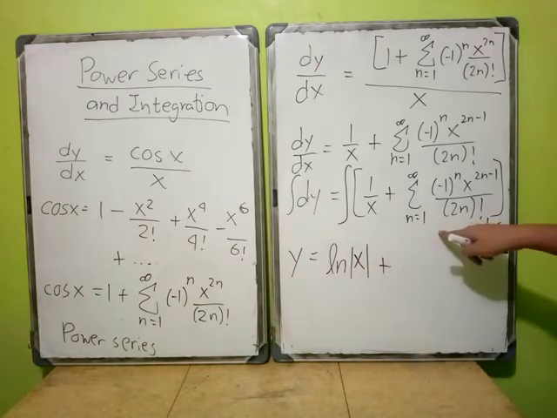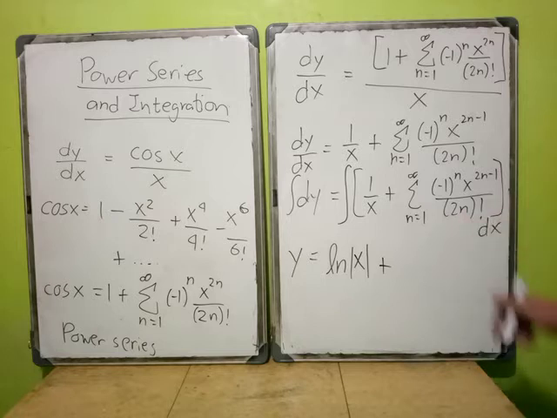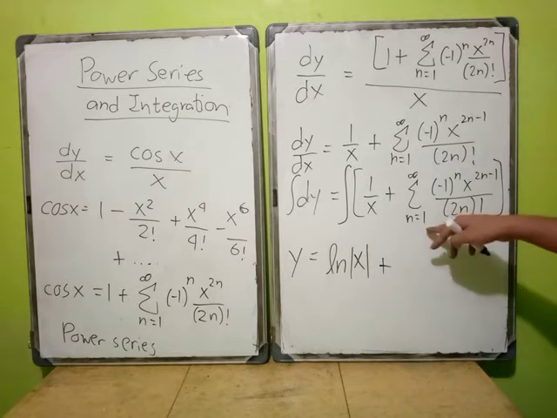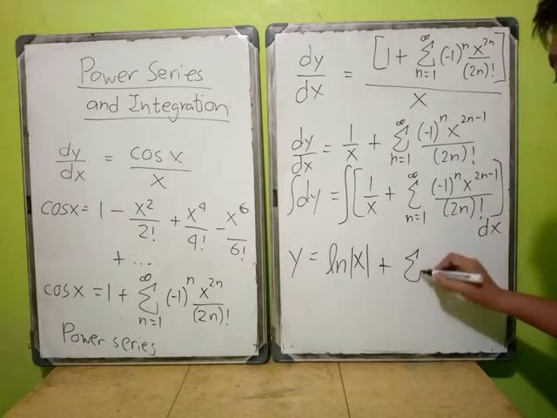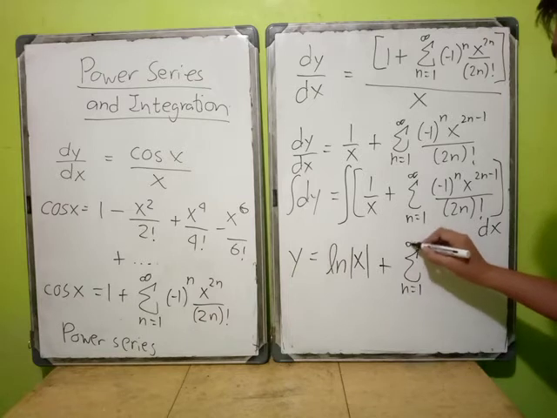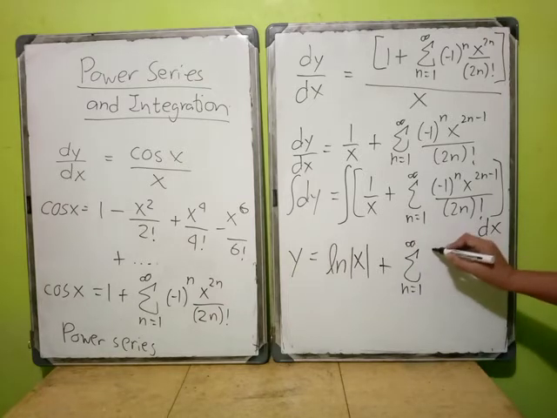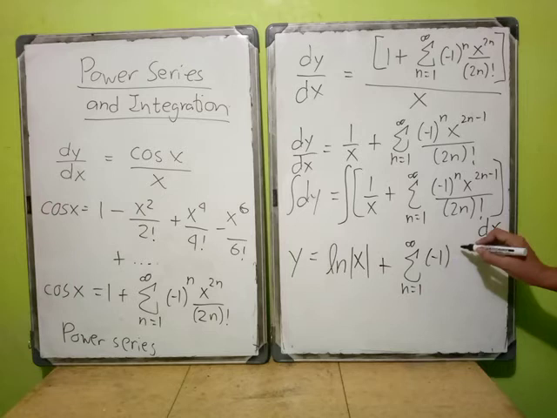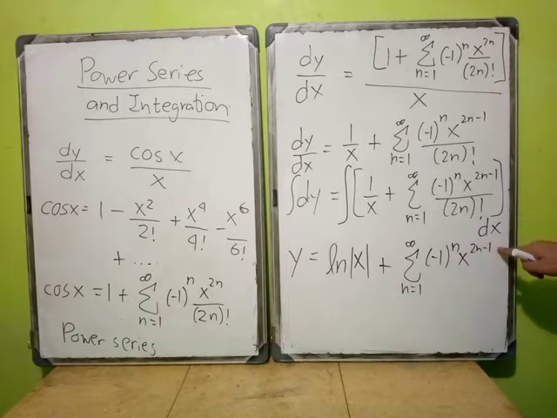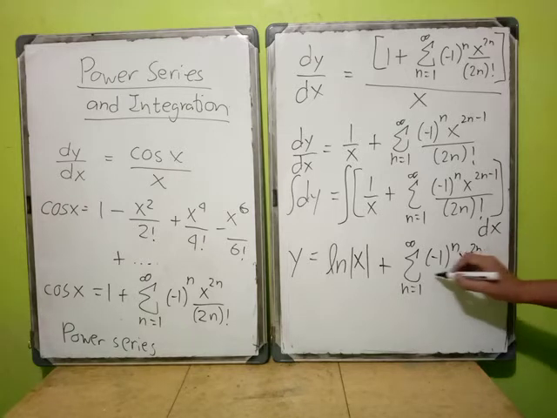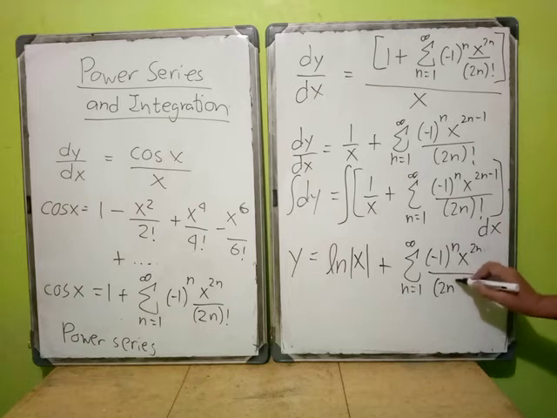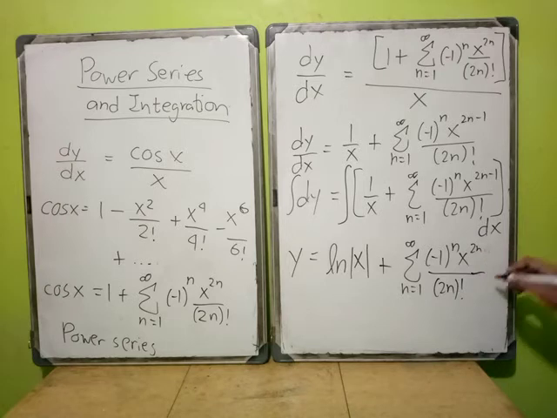Plus, for the infinite sum, we take it as one unit. So it will become n equal to 1 to infinity of negative 1 to the n over x to the 2n minus 1 plus 1, so we add 1 here. It will become x to the 2n over 2n factorial over this power, 2n.